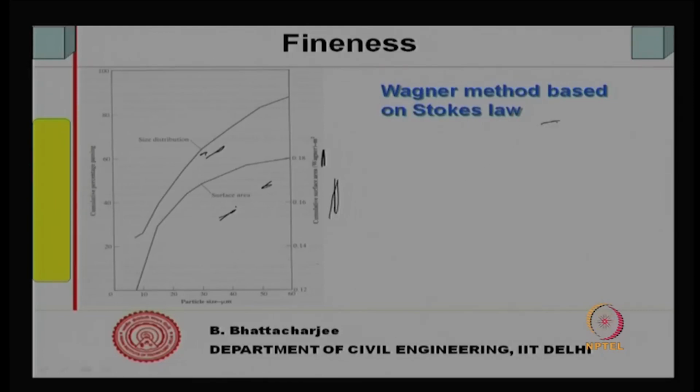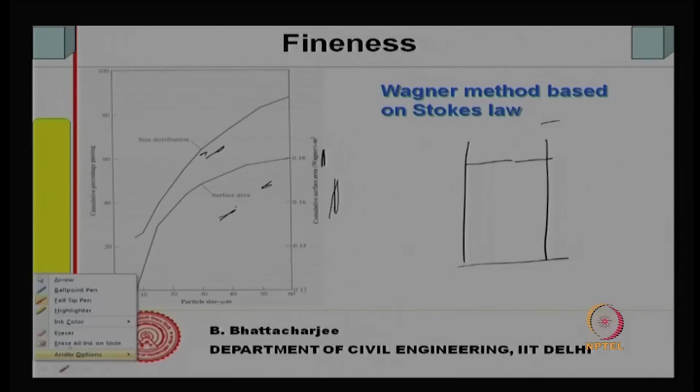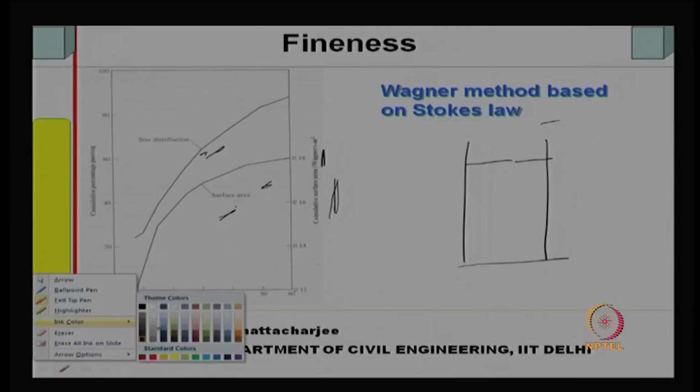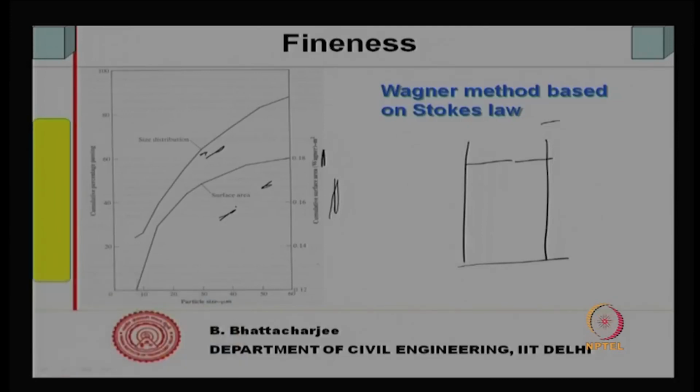This Wagner method is based on Stokes law. What is Stokes law? I will not go into the equation, but supposing I have a turbid mixture with particles in it, the larger particles settle first below, then the finer particles. You might have done this in soil hydrometer analysis.